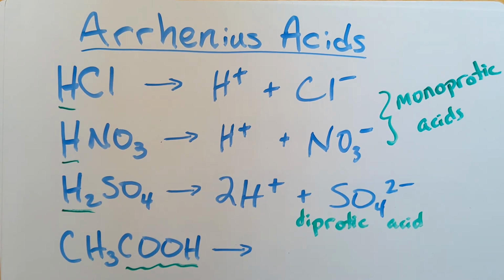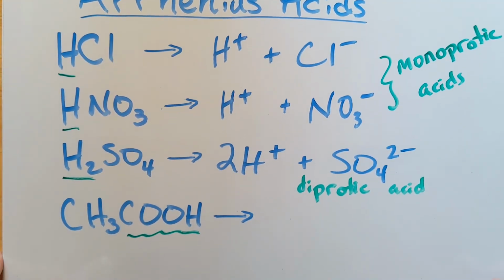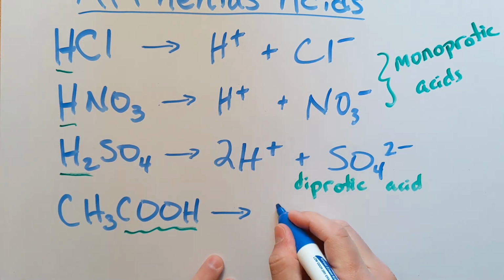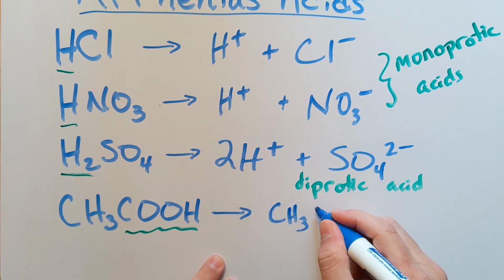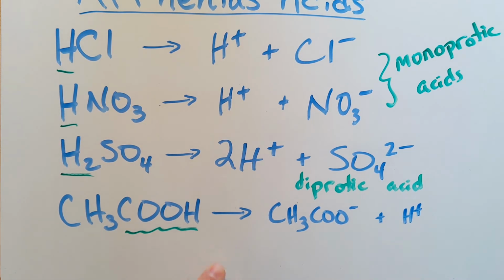We do have to be careful with this acetic acid down here, this organic acid. We will see this one of 2 ways. If you see it in this organic method, the COOH, the only hydrogen that's going to ionize is that last one. So as a net result, we would have CH3COO minus plus the hydrogen.